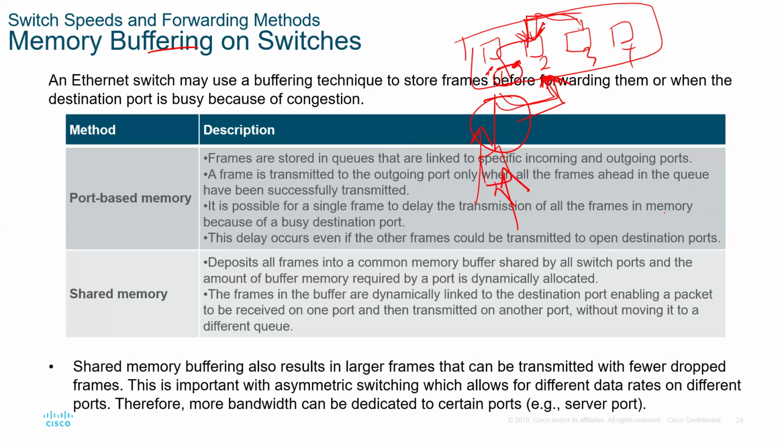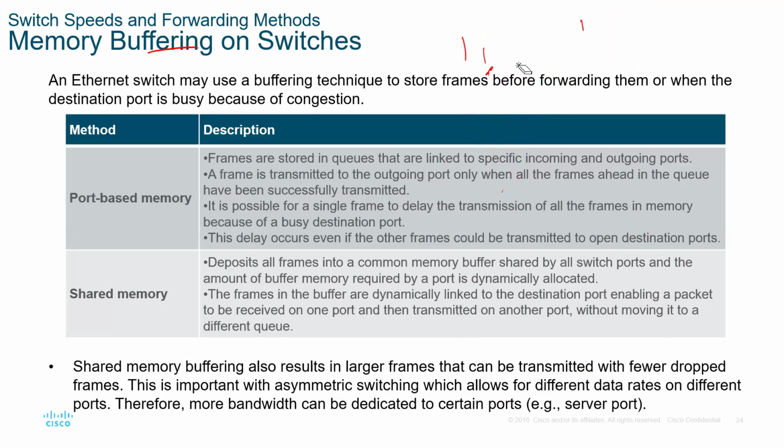So if I go to the example that I just gave here, where's my cursor? It's down there. If I go here, for my ports, every port has a buffer. It has implications of its own though. Right.